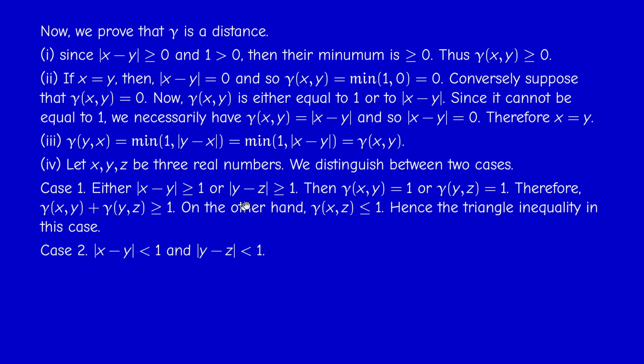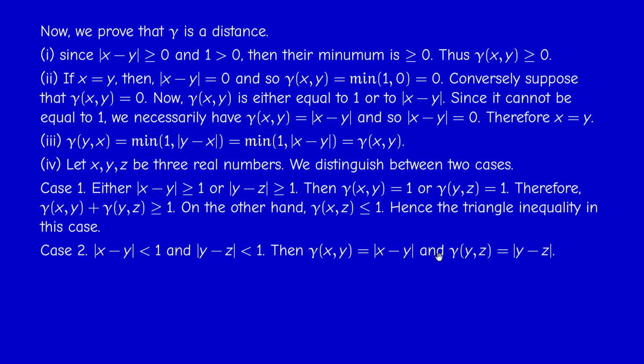The alternative is that both, the negation of this case is that both are less than 1. Okay? Because this is not A or B, which is not A and not B. So both are now less than 1. In this case, gamma of xy is the minimum, which is the absolute value of x minus y, by definition of gamma.